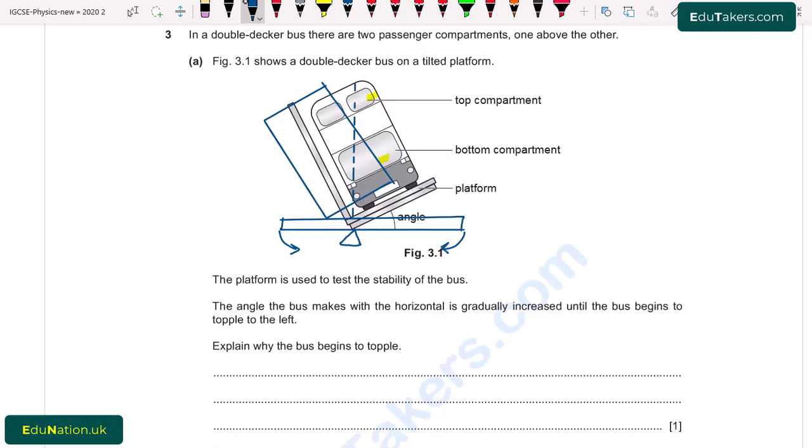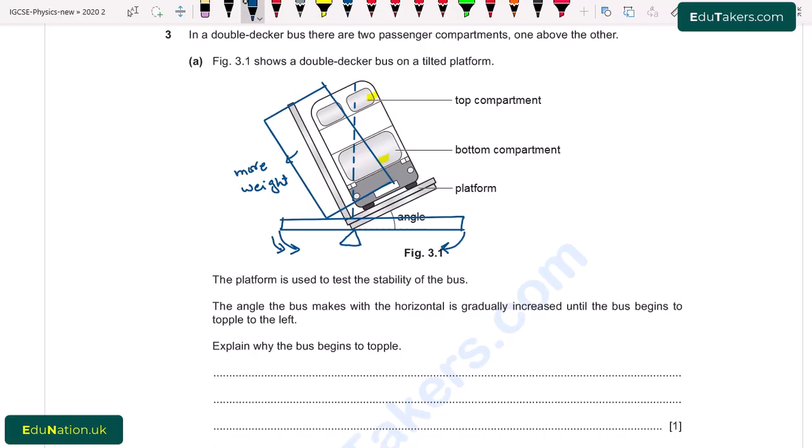So we can simply say that the anti-clockwise movement will be larger as compared to the clockwise movement, as left hand side has more weight, due to which this anti-clockwise movement will be larger as compared to the clockwise movement, and we can simply say that the bus starts to topple to left.